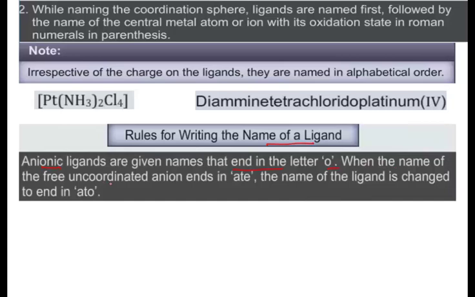The free uncoordinated ion ends in ate, like sulfate. The name of the ligand is changed to end in ato, sulfato. Sulfate, nitrate, the E will be replaced by O. Clear? So you have to remember this when they are acting as ligands.